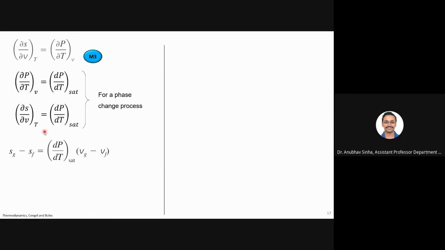Now if I integrate it, if I take del V to that side and integrate, what will I get? I will get delta S. Let us integrate from liquid to vapor, and delta V. So I'm integrating dV between liquid and vapor, where F is for liquid and G is for gas or vapor.